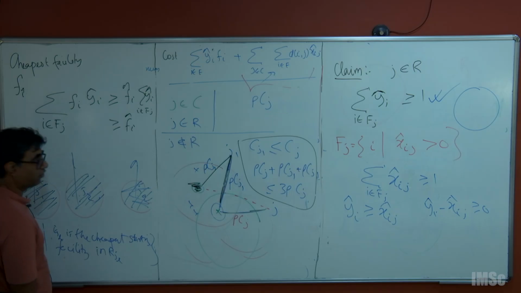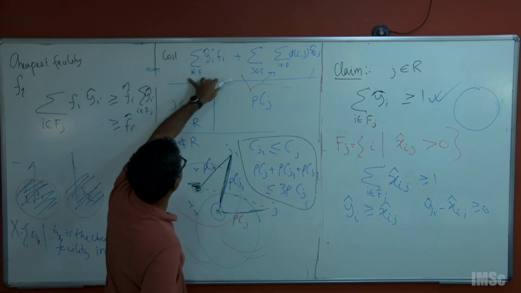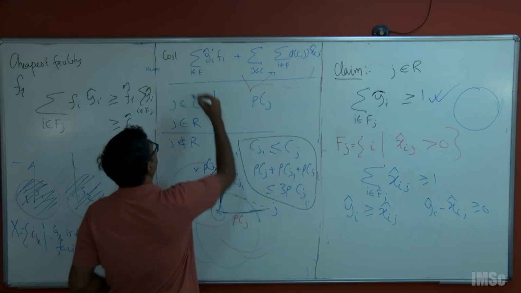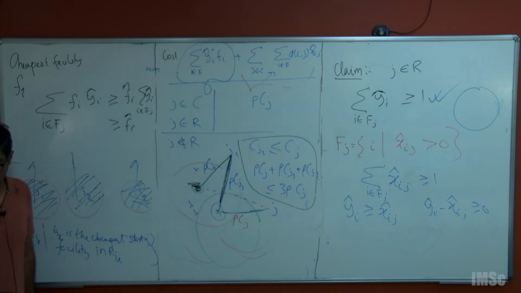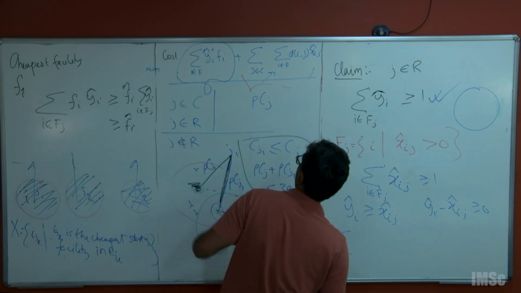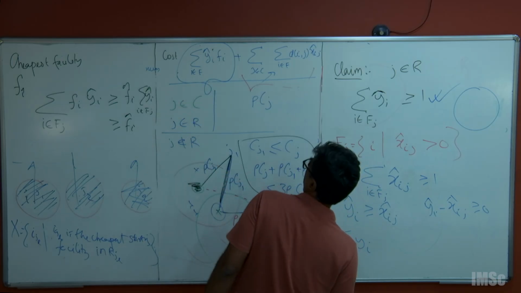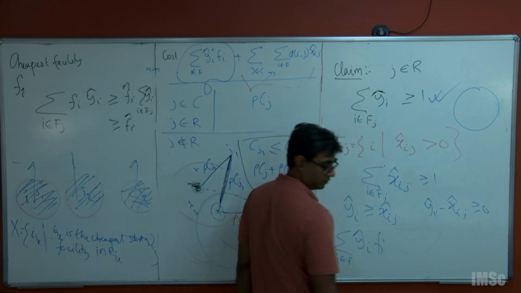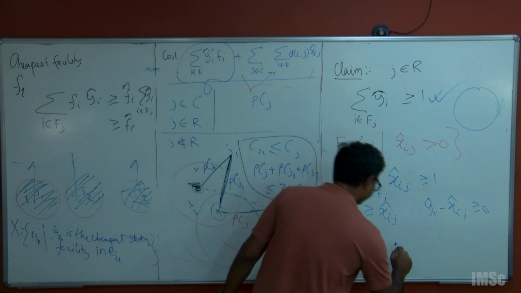Okay. So how much did we pay? We paid only this much for the facilities. So I paid yi hat fi only. Okay. So with respect to my real LP, how much is this?